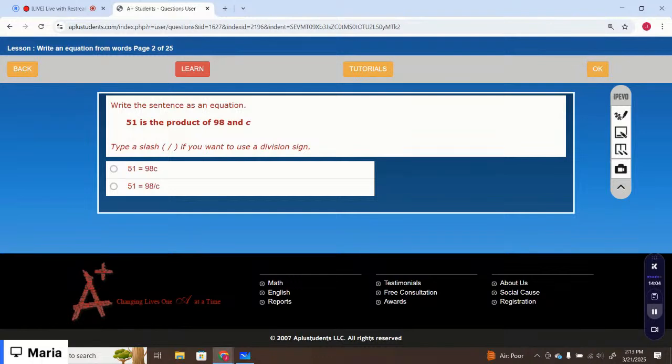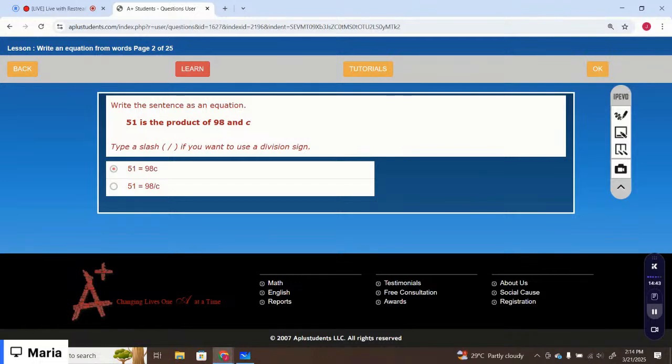Write the sentence as an equation. 51 is the product of 98 and c. So 51 equals 98c.